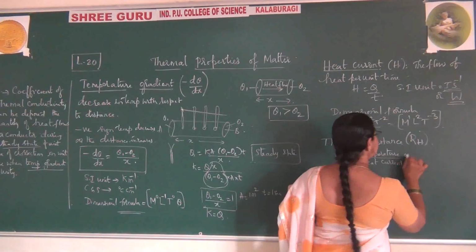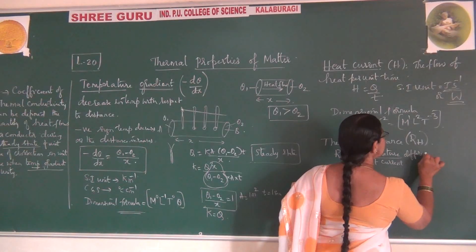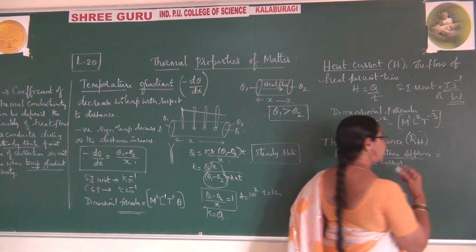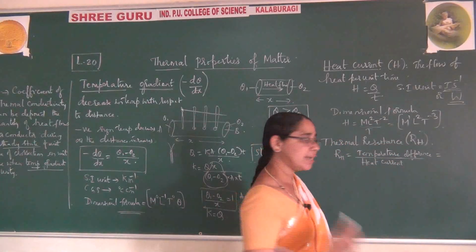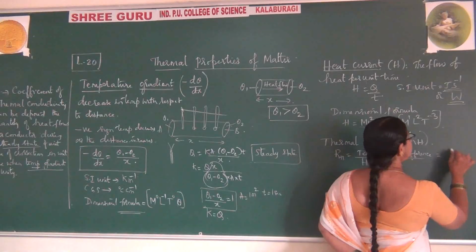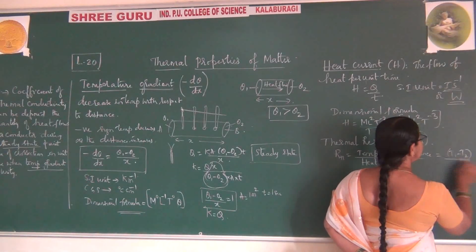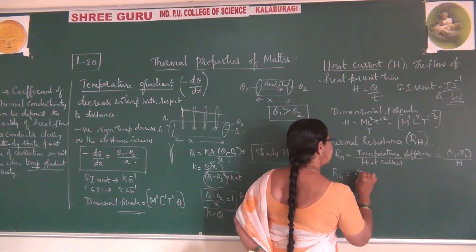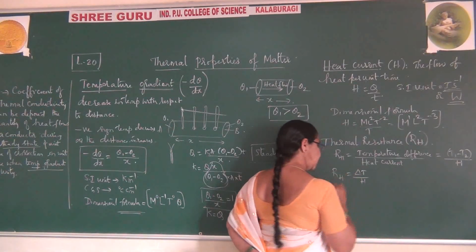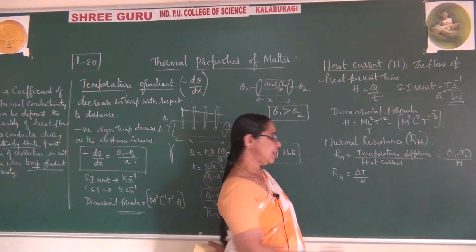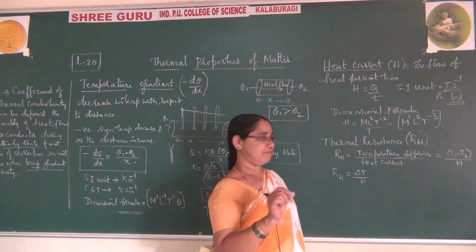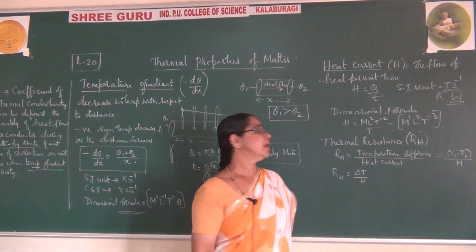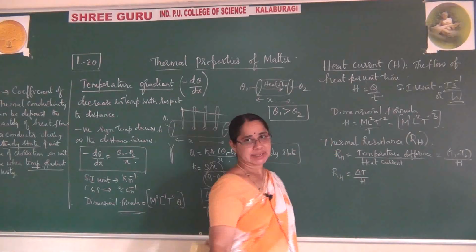When I say temperature difference, you are ready to write in terms of T or in terms of theta, both are correct. If I write in terms of T, I can write T1 minus T2 divided by H, or I can also write RH is equal to delta T by H. So it is defined as the ratio of temperature difference to the heat current, called thermal resistance.